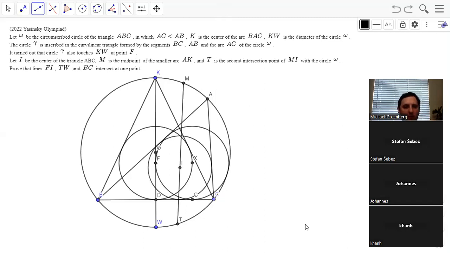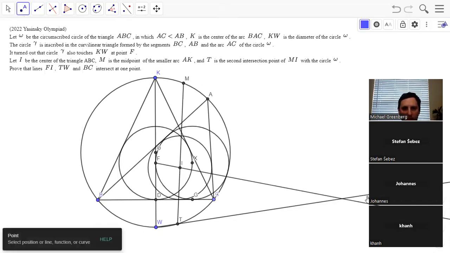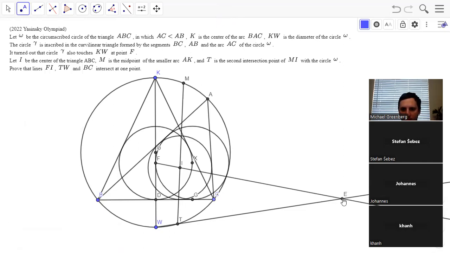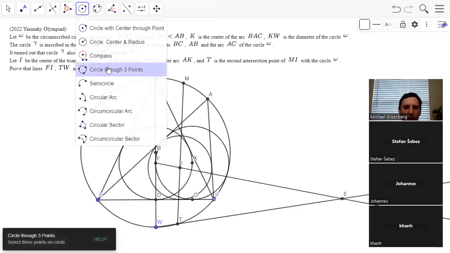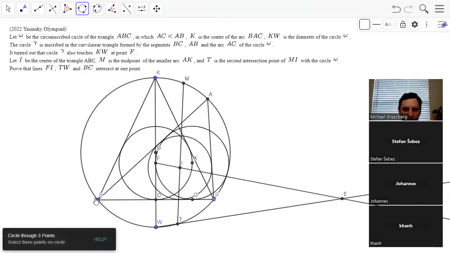Why is it equivalent to the problem? Yeah, it is. Can you extend WT to meet IF at a point? By an angle chase, we can prove that BFIC is cyclic. Did you say B, I, and C are on that? BFIC.